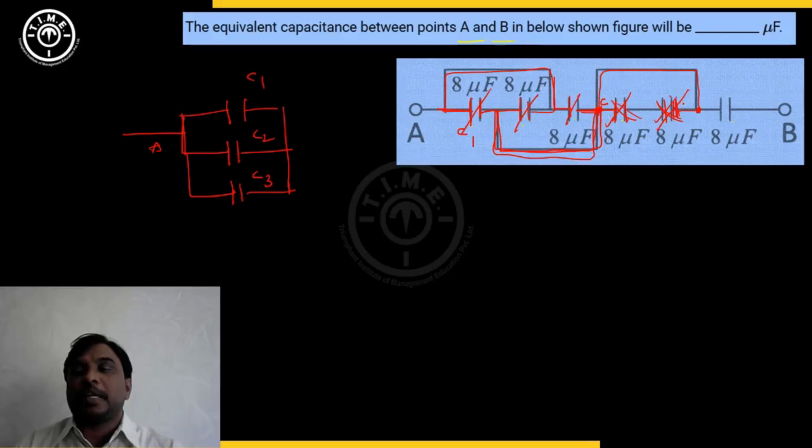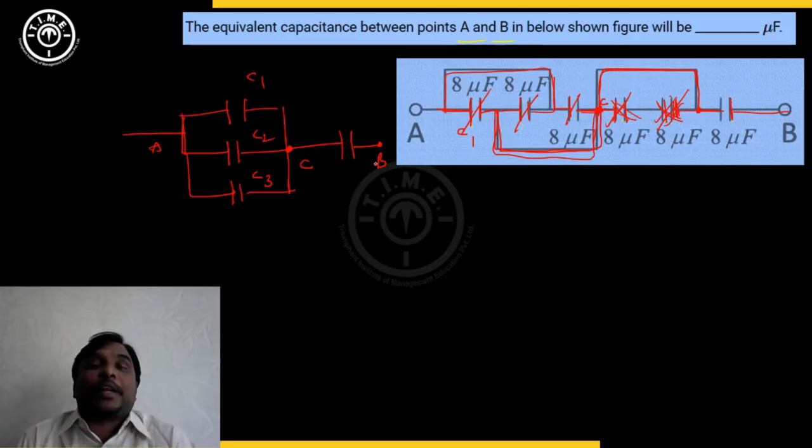No charge resides on the other 2, no charge will be stored. And for the leftover, remember this is point C. Now this plate is connected to the point C, and the second plate of the capacitor is connected to B. Now this is B. You have to redraw the circuit.